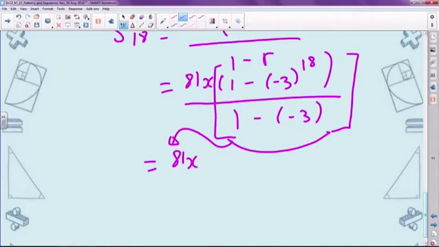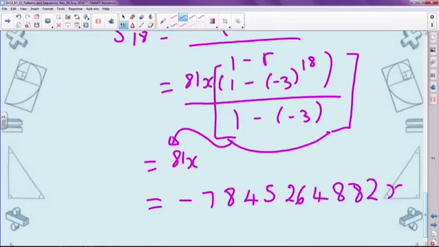You can do all of that on your calculator, and you're going to get this following massive answer, minus 7845264882882x. So that is quite a big sum that you end up with, and all you're going to do is work all of the numerical values out in your calculator, multiply by x, and that's it.